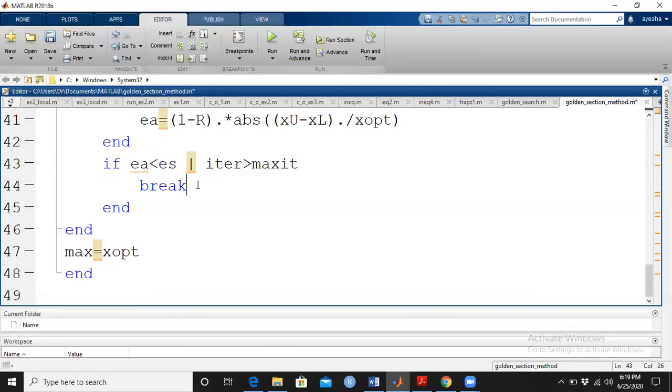Okay, so then you will stop, and the max is the optimum value of X. So that optimum value will appear in your command window. All right.